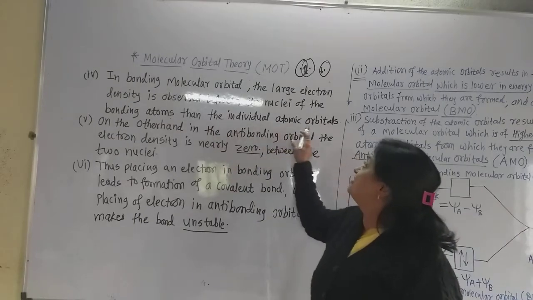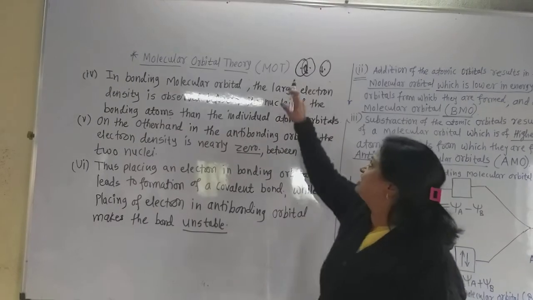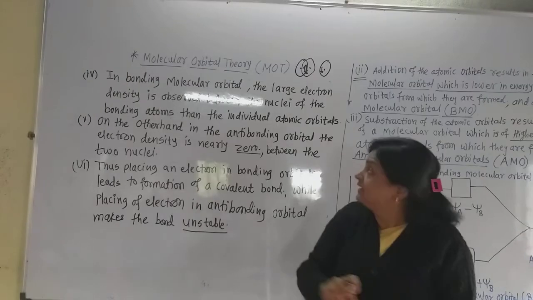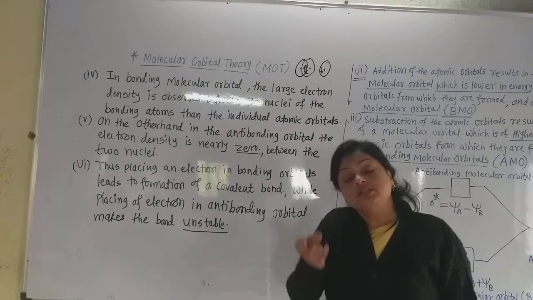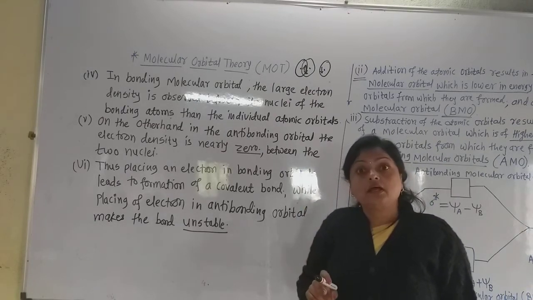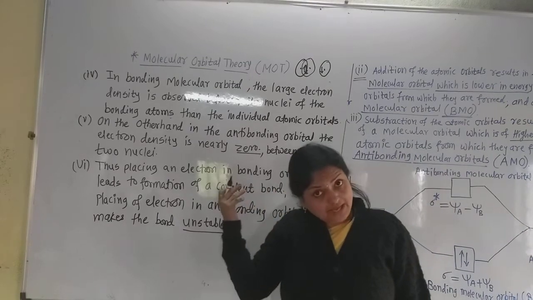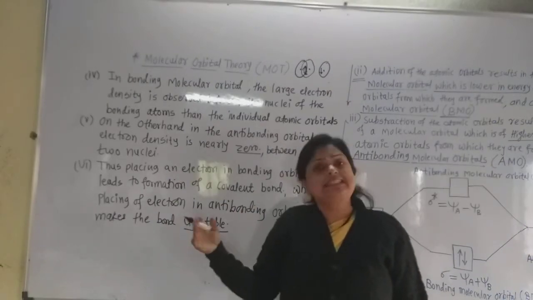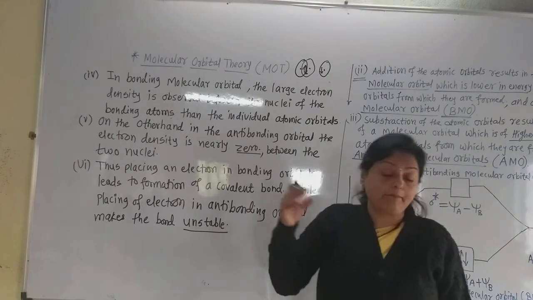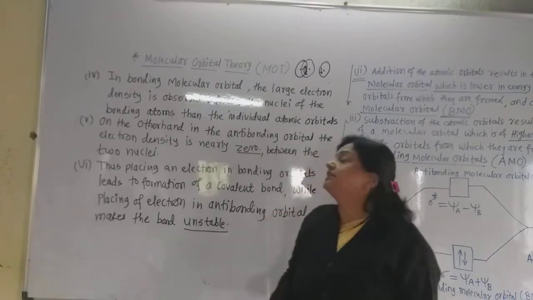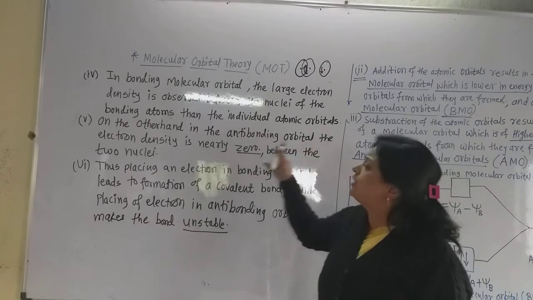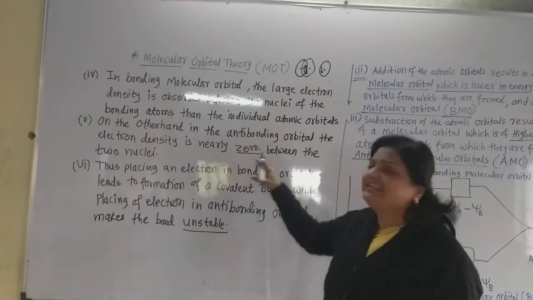Individual atomic orbitals, when separate, have only one electron, but when they combine there are 2 electrons. That means the electron density in the molecular orbital is more than in the atomic orbital. Separate atomic orbitals have less electron density as compared to the bonding molecular orbital between the 2 nuclei. On the other hand, the anti-bonding orbitals have electron density nearly 0.